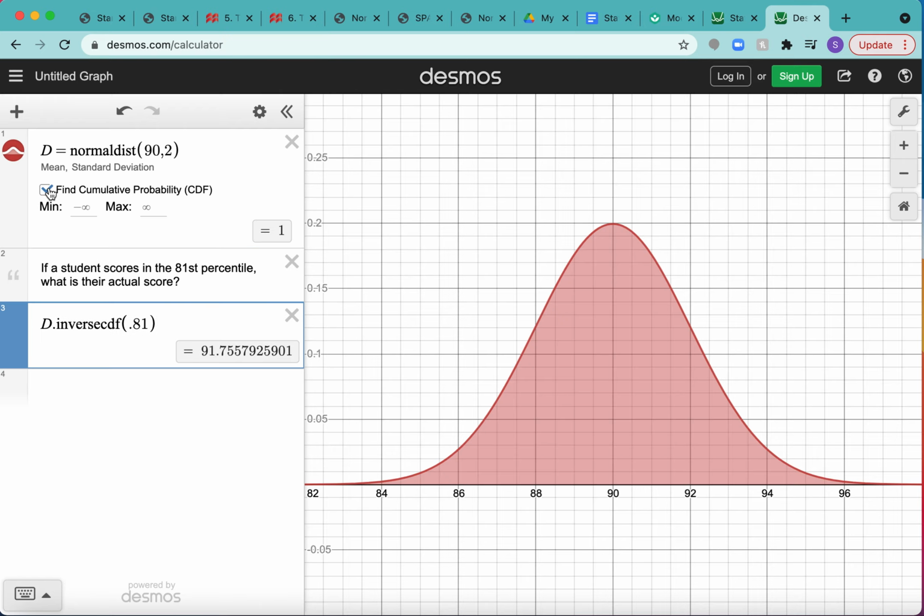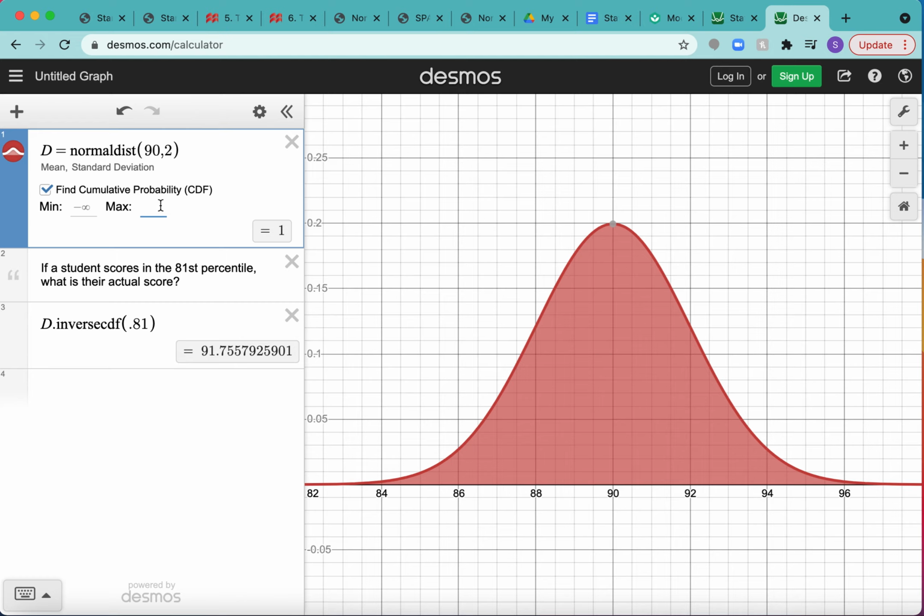Let's do that over here. Let's find the cumulative probability for this normal distribution, and let's type in that number we have there at the bottom, 91.755792591. And we see all this space highlighted, and it's telling us that the shaded area underneath this curve is 0.81, which is the probability that a randomly selected score from this distribution is less than 91.7557.